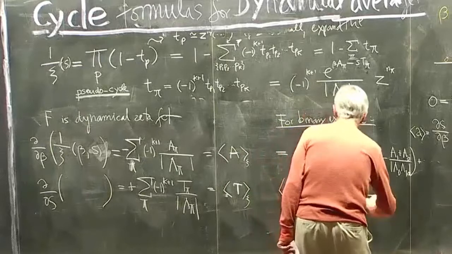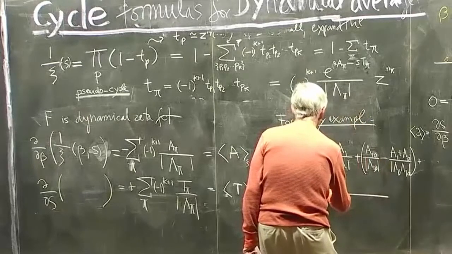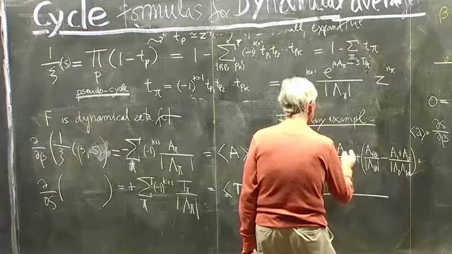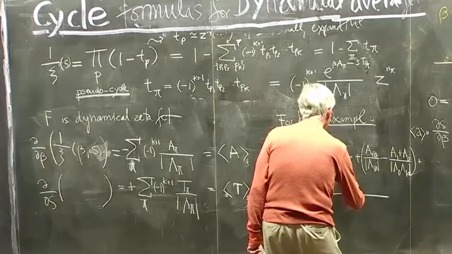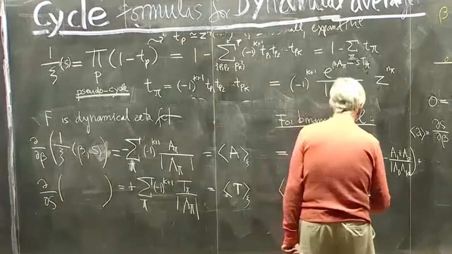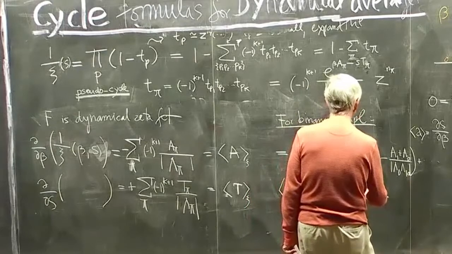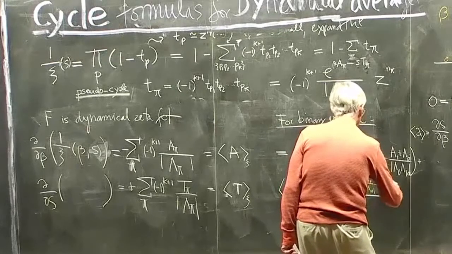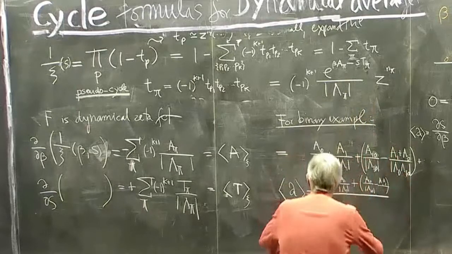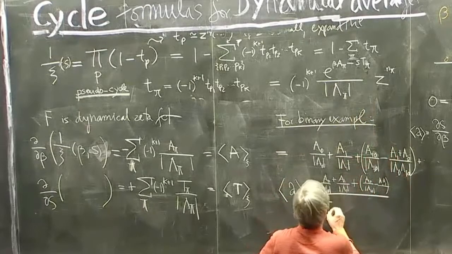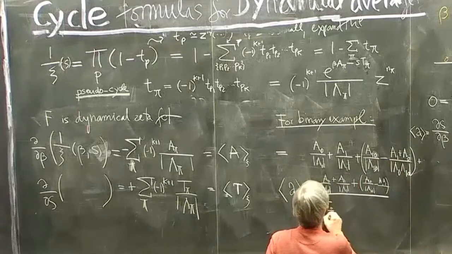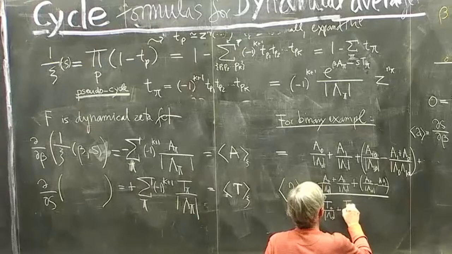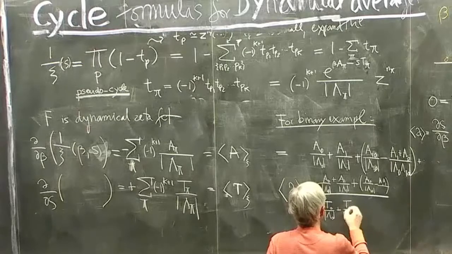So you have a sum here which starts with the shortest cycles, which are least unstable, so I get the largest contribution from them. Then I add to this the correction from the 2 cycle, and this goes on, divided by the time of the first period. So if this is a Poincaré section, there will be a non-trivial return map. Time of the other one, also a non-trivial return map.